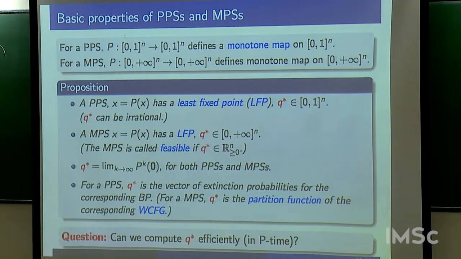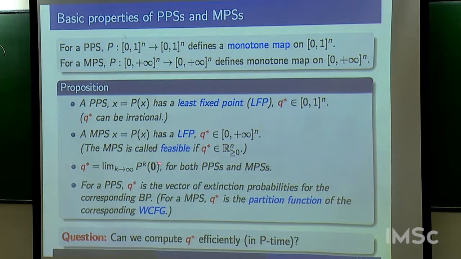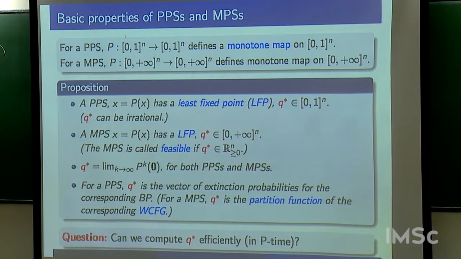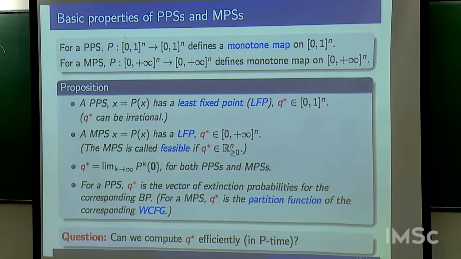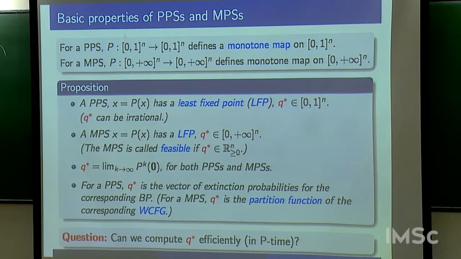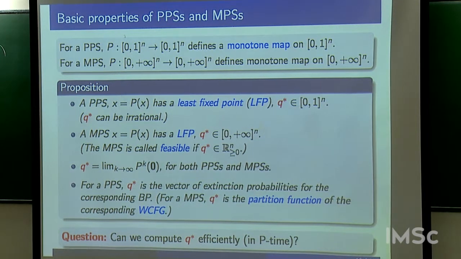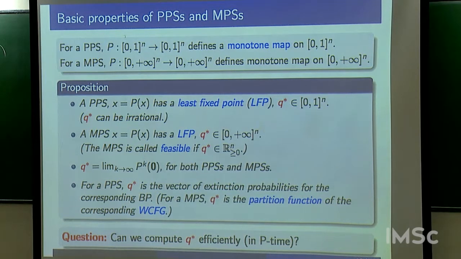Okay? What we can show is that this kth iterate starting from the 0 vector actually upper bounds the, so let's take it in the branching process setting. Or let's take it in the recursive Markov chain setting. That's actually simpler. P^k starting from the 0 vector is an upper bound on the probability of terminating at, let's say, exit 2 within k steps.